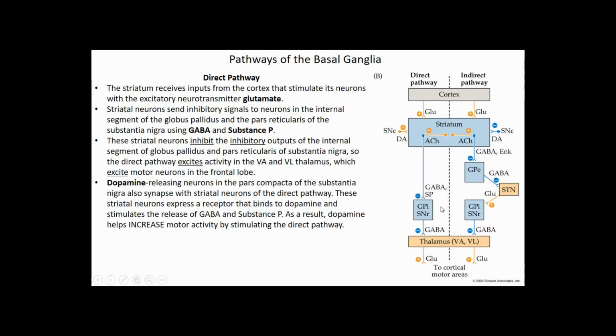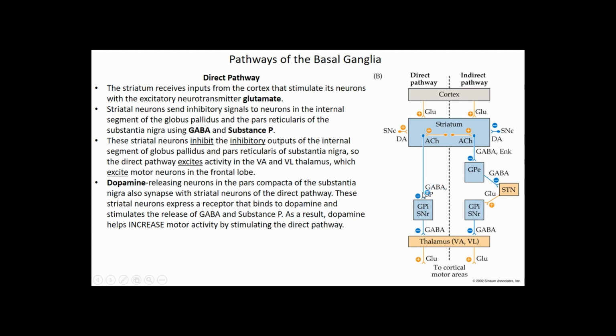So the direct pathway is shown here on the left. And let's just follow that through. So we've got cortical neurons extending to the striatum, and they're being stimulated with glutamate. And so that's stimulating the striatum, aka the putamen and globus pallidus. These striatal neurons are going to send inhibitory signals right here. These inhibitory signals are then going to be going to the globus pallidus, pars interna, and the substantia nigra reticular area.